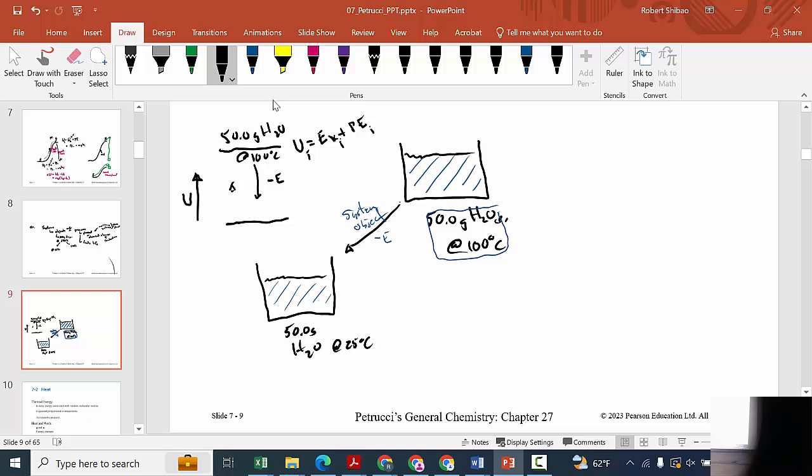And so this we call delta U. And then I'm going to be down here at 50.0 grams of H2O liquid at 25 degrees C. And so U final is equal to the kinetic energy final plus the potential energy final.